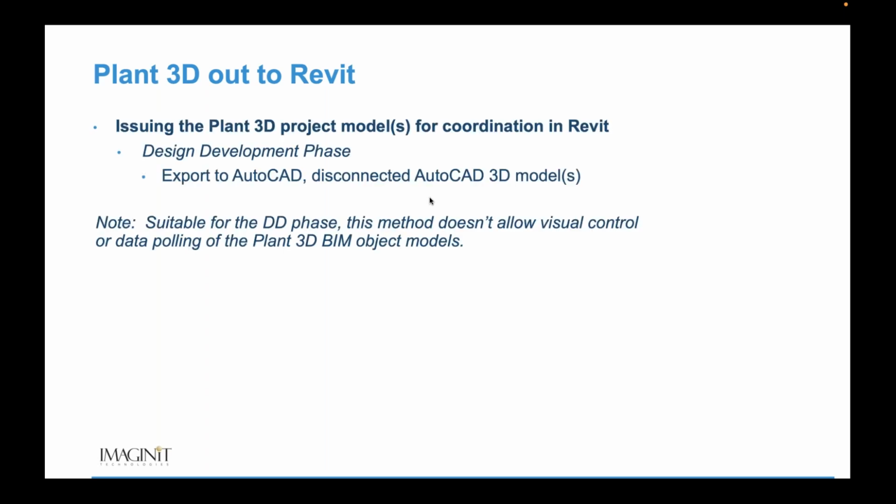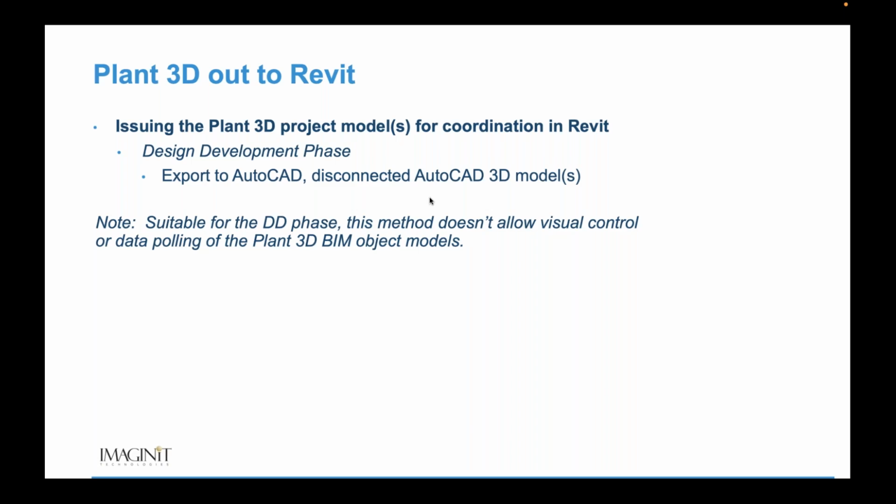If we're talking about the design development phase, I can export to AutoCAD, and that creates a disconnected model file. It's going to be AutoCAD 3D solids. It's not going to have the intelligence the original model did. It's not going to update if the original plant model updates. It becomes a static base file that I would have to update periodically.